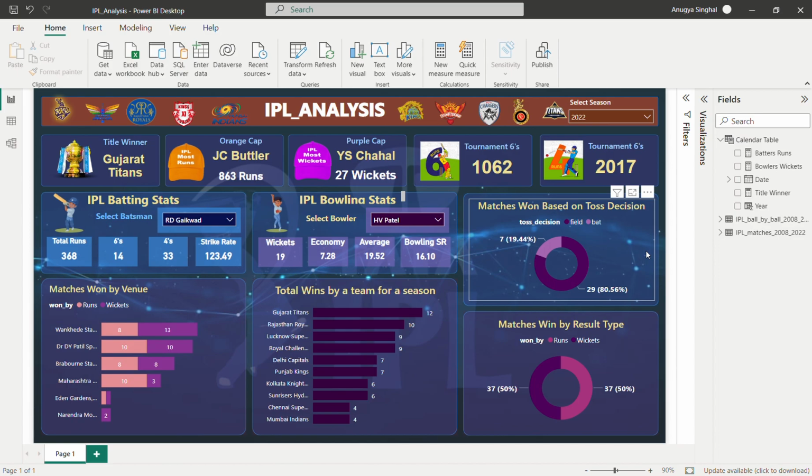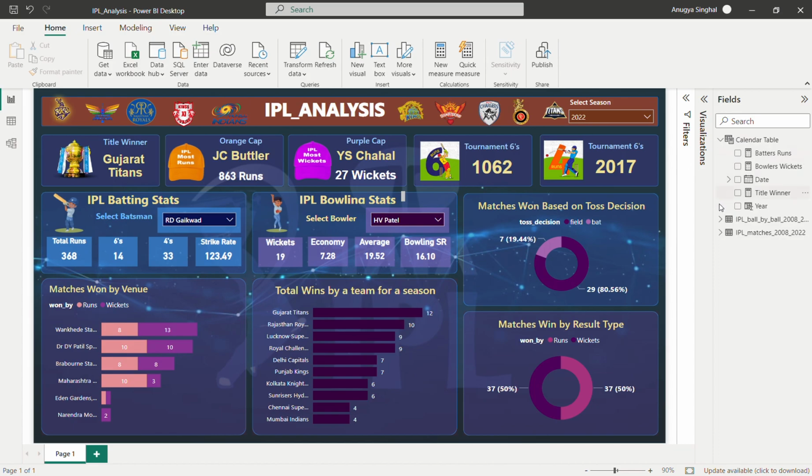Before starting the match, both the teams take the toss decision, and if a team wins the toss and decides to field first, we can see that when they are fielding first, they have higher chances of winning the match. So this is the analysis of this chart.